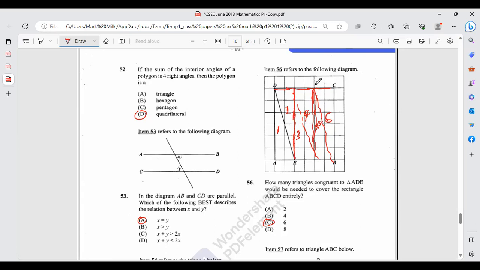Yeah, fair enough: same size, same shape. Everybody get that now? Yes, sir. So they're asking how many congruent, how many same size and same shape triangles you will get from A, B, C, D, E. All right, 6. Good.